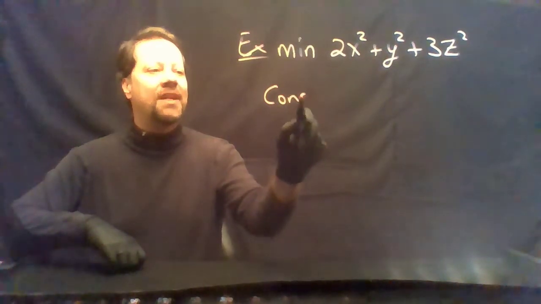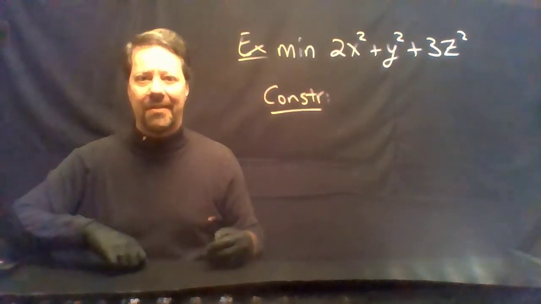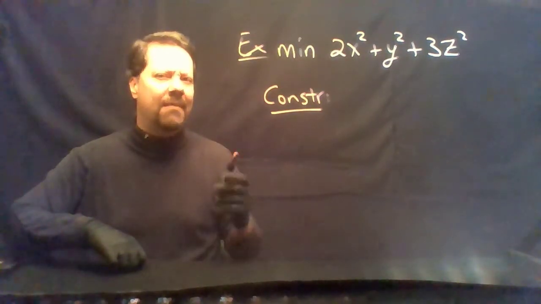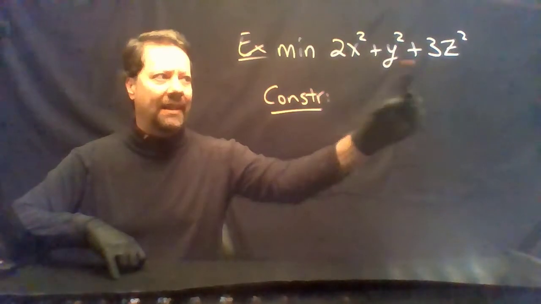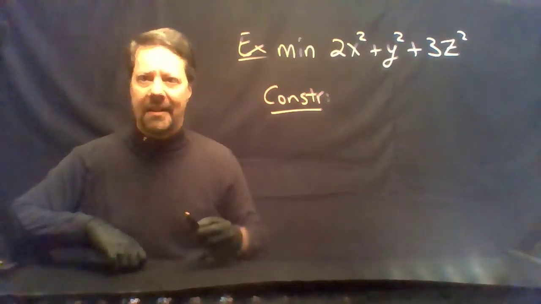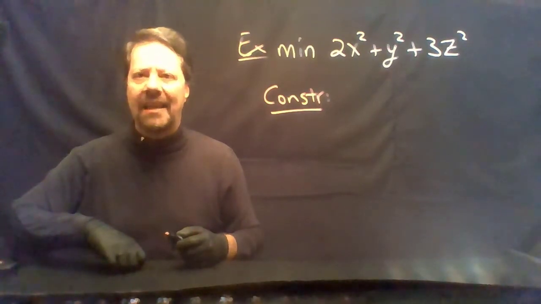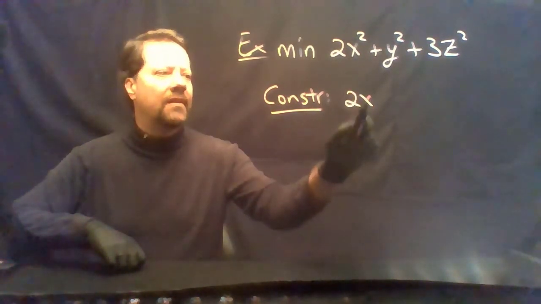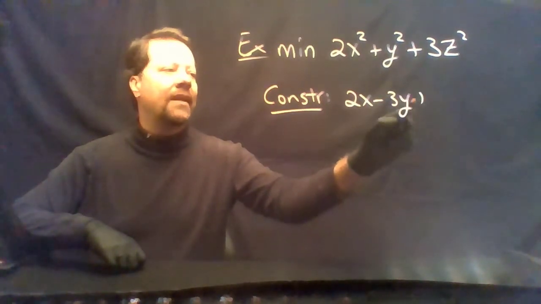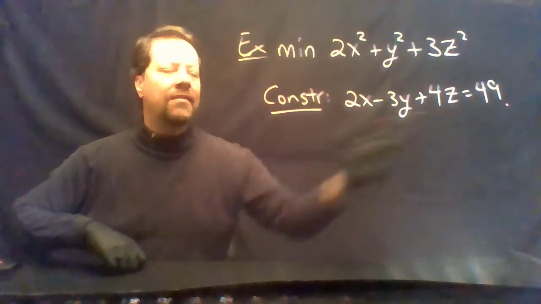But here we're subject to the constraint. Obviously, there is no maximum to such a thing. There should be a unique minimum, but we're not going to take the minimum value altogether. That would be 0 at x equals 0, y equals 0, z equals 0. We want the minimum obtained on the following constraint: 2x minus 3y plus 4z equals 49.